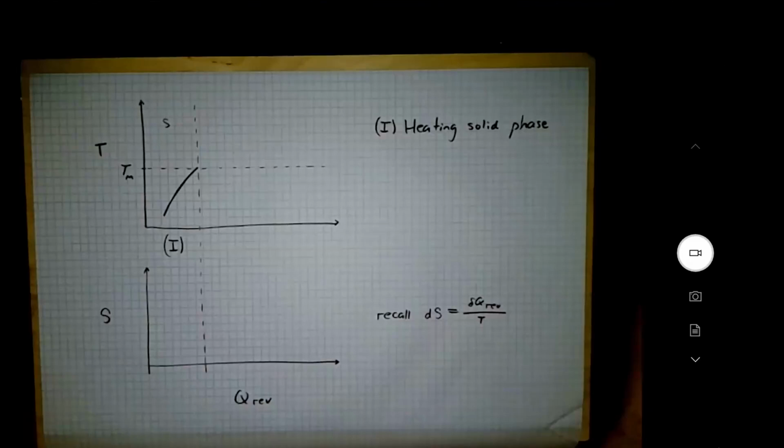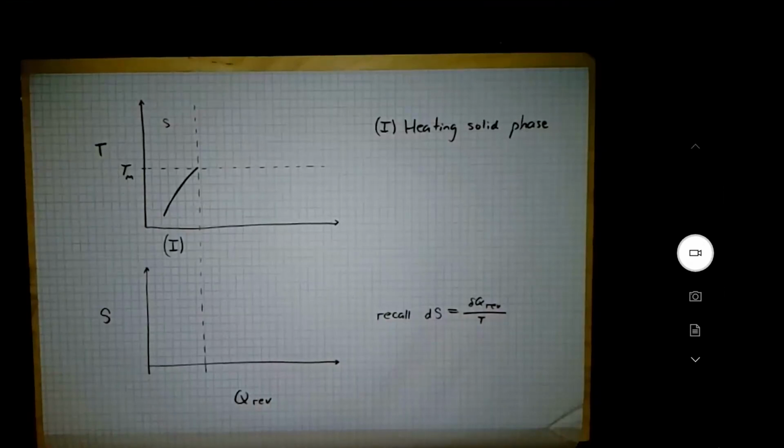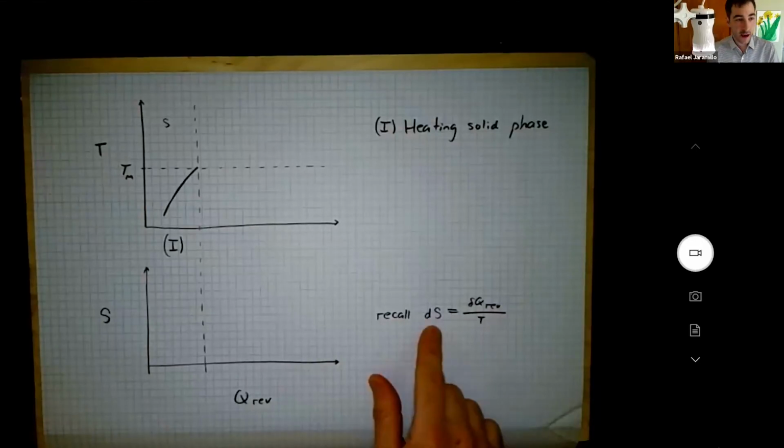Perhaps having a very small slope that is plateauing. Would it be a positive slope or negative slope? A positive slope. Positive slope, good. Because you could see dS/dQ is strictly positive. It's 1 over temperature.